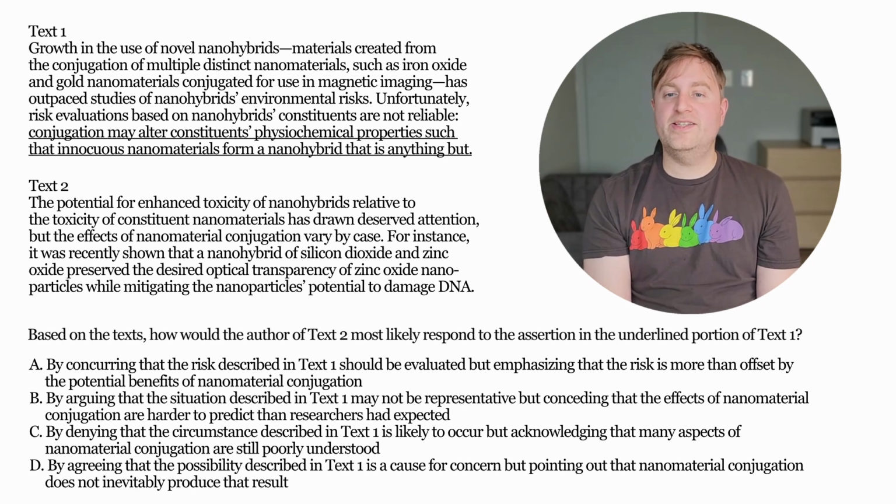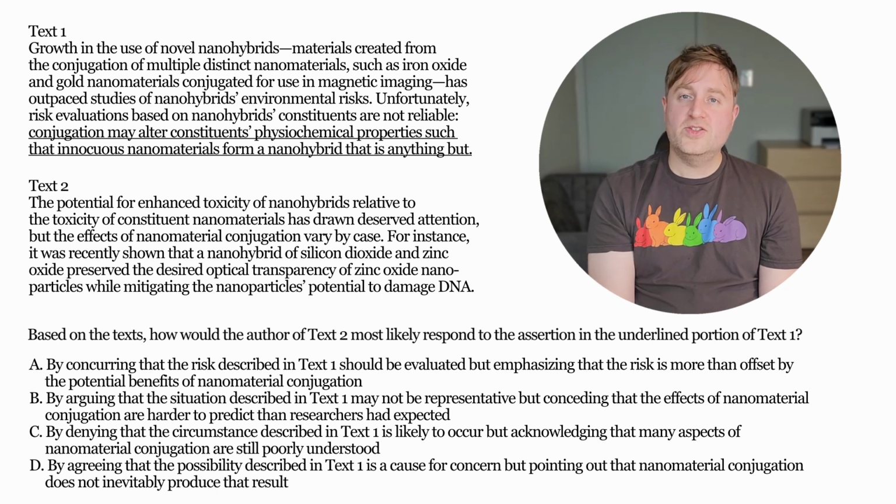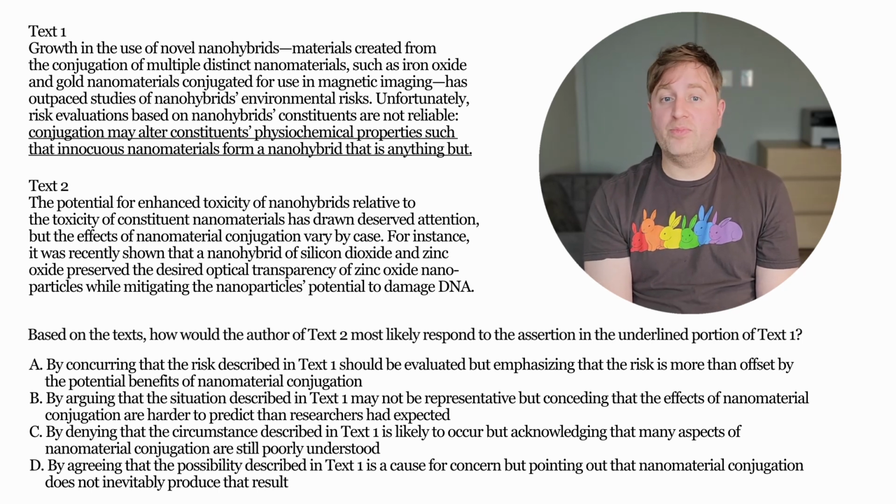By arguing that the situation described in text 1 may not be representative, but conceding that the effects of nanomaterial conjugation are harder to predict than researchers had expected. So the first part of this answer choice is looking pretty good. The author would indeed argue that the situation described in text 1, this increased risk of nanomaterial conjugation, may not be representative because he says it doesn't apply in all cases.